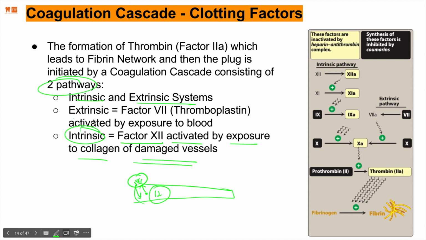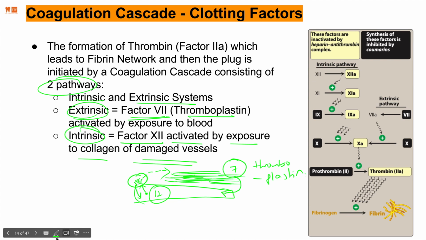However, extrinsic is when factor 7 is in play, and that is thromboplastin. That is when there is exposure to blood. So basically, all the endothelial tissue here, muscle fibers, blood seeps out and they get extrinsically affected, and then they send a defense mechanism inside the blood vessel. This is by factor 7, and that is thromboplastin.